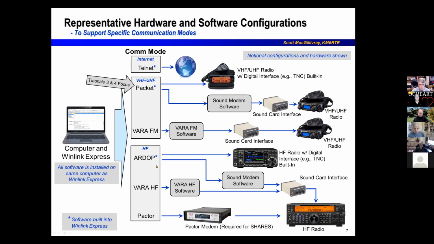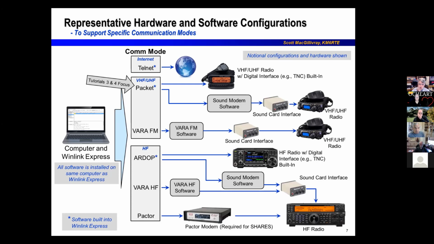And then for the UHF, VHF, we can utilize Packet or VARA FM, and for HF, RDOP, VARA HF, and PACTOR. We won't really be discussing much at all about HF in any of these tutorials, primarily because I don't really see OCHEART utilizing HF within our network. At this point, HF is primarily utilized for long distance Winlink connections.